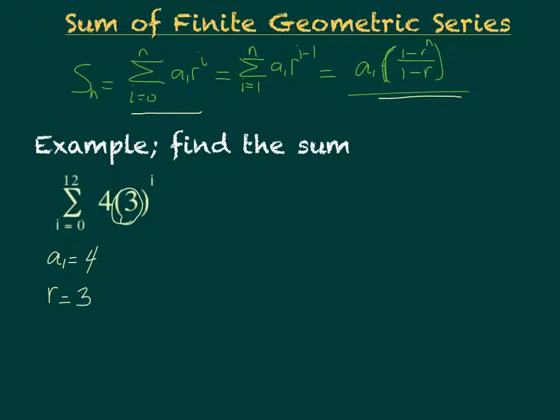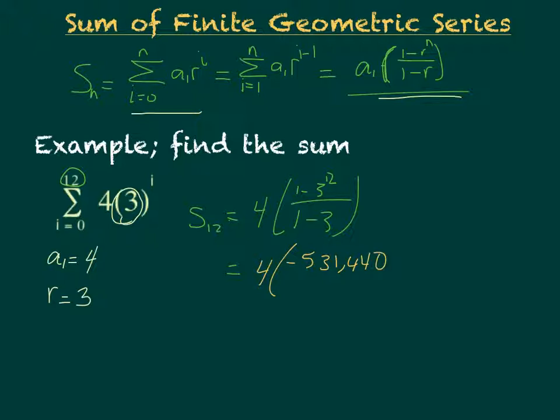So now if I put that in, S sub 12 is equal to my a sub 1, which is 4, times 1 minus r, which is 3, to the power of n, which is 12, divided by 1 minus 3. Alright, so now when I actually go ahead and start working this out, what I would get would be 4 times a negative 531,440 divided by a negative 2.